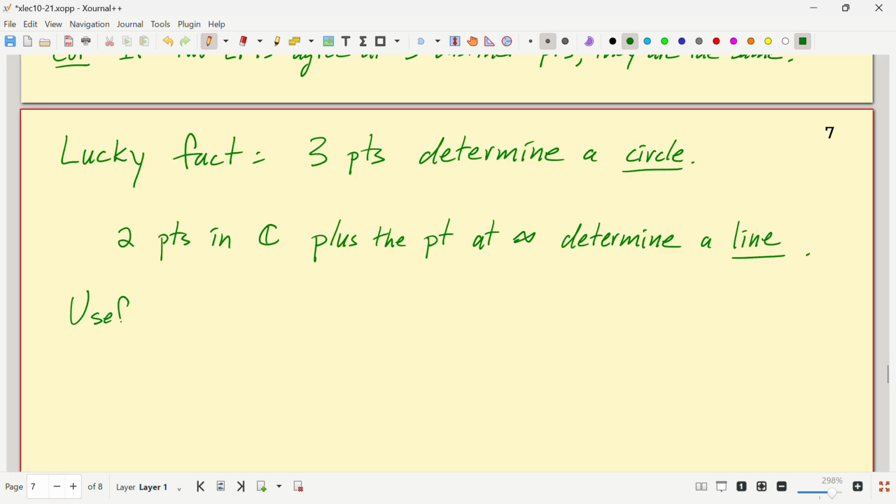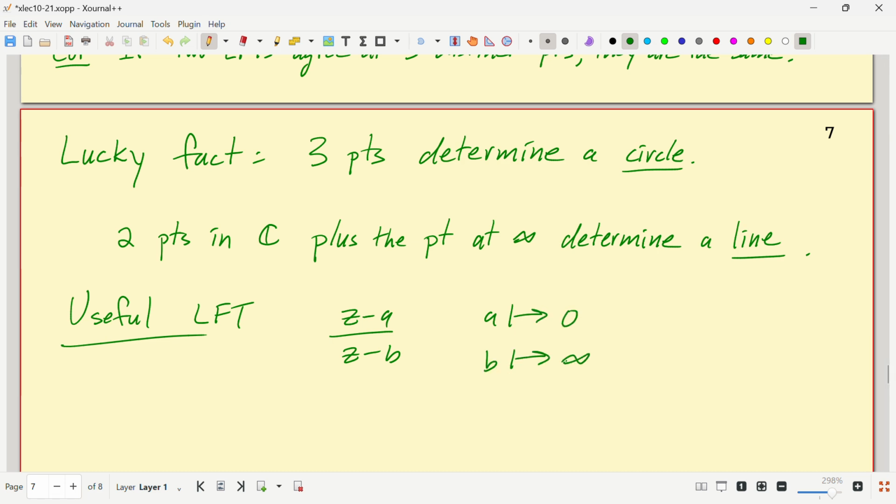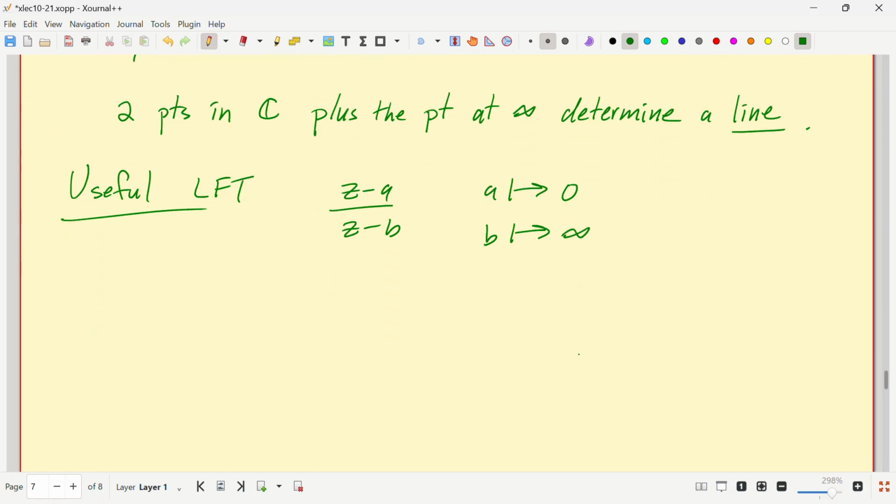Here's a useful LFT. Z minus A over Z minus B. That takes A to 0 and takes B to the point at infinity. And now if you think about what if I want to do slightly more than that? I would take Z minus A, that still takes A to 0, Z minus B. But what if I want to take a C to a point somewhere else?